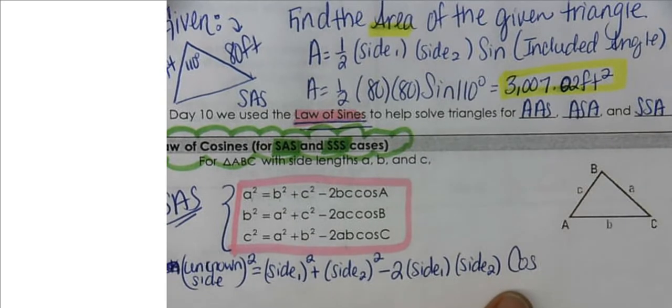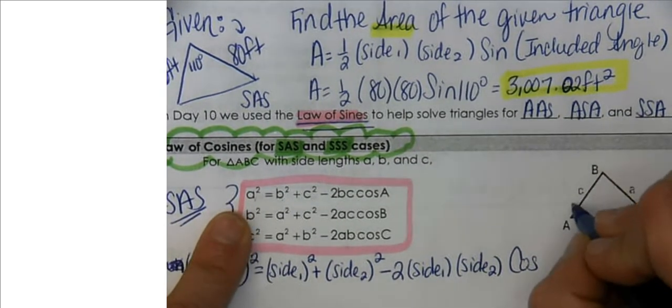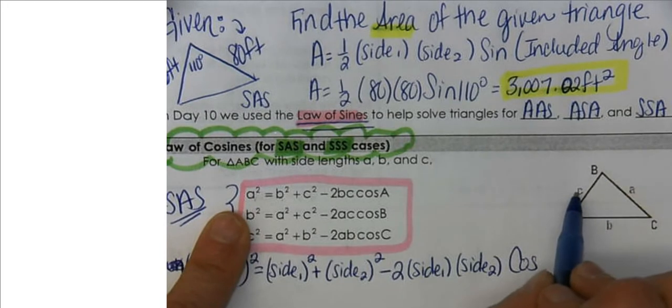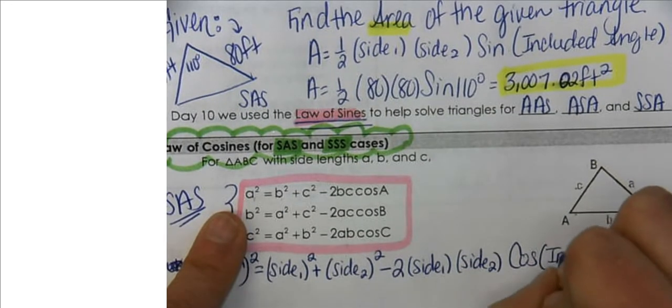So this is side, angle, side. It's your included angle because you're going to know a side, your angle, and then another side. So we're going to call that the included angle.